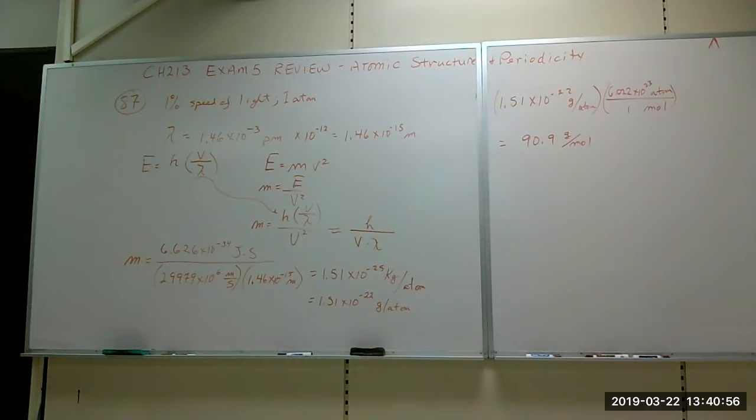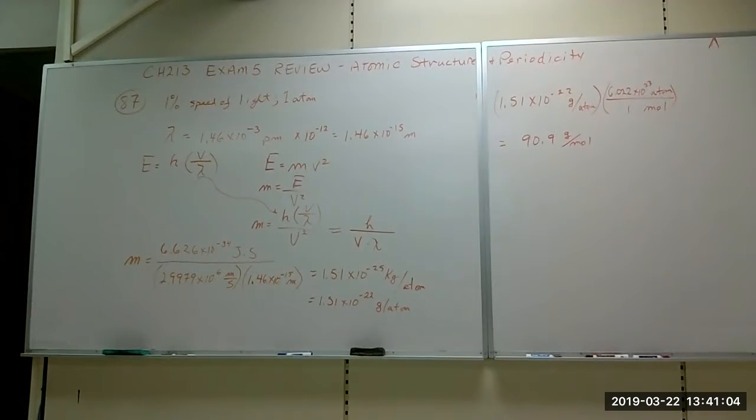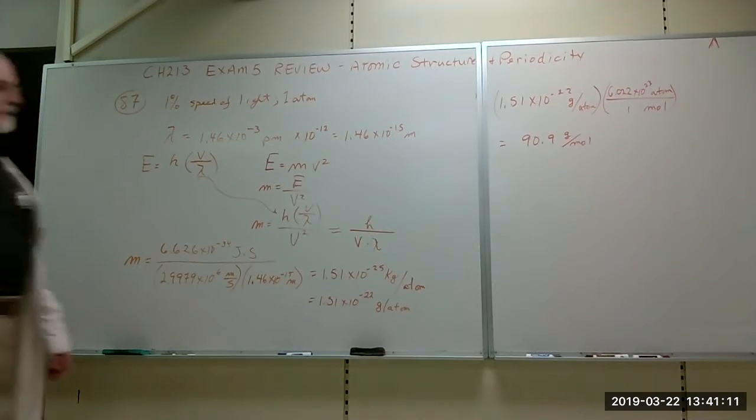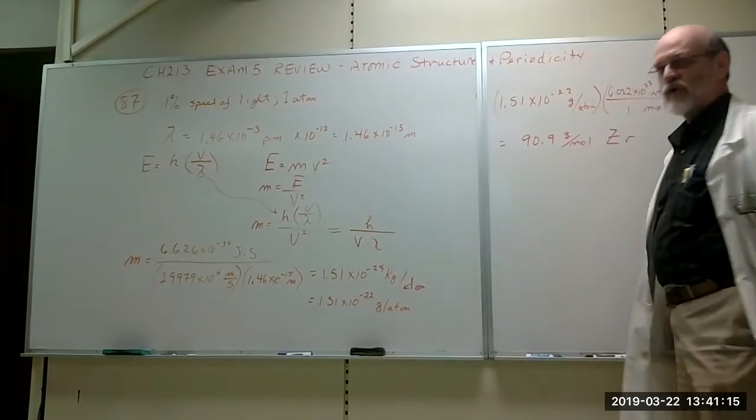All right, so the toss up. Could be that one or that one. 90.9 is almost 91. Probably zirconium. Most probably zirconium.